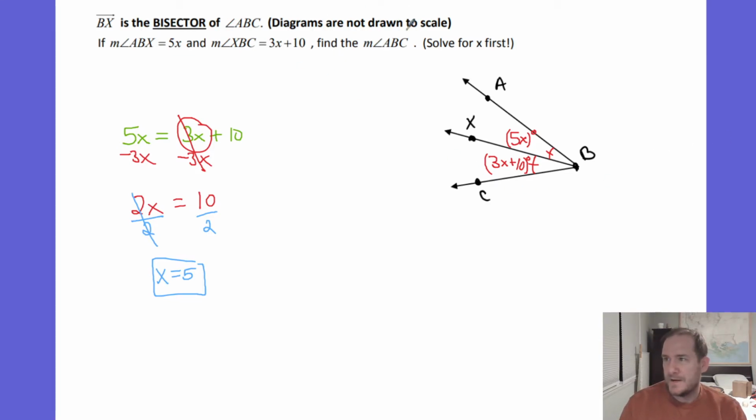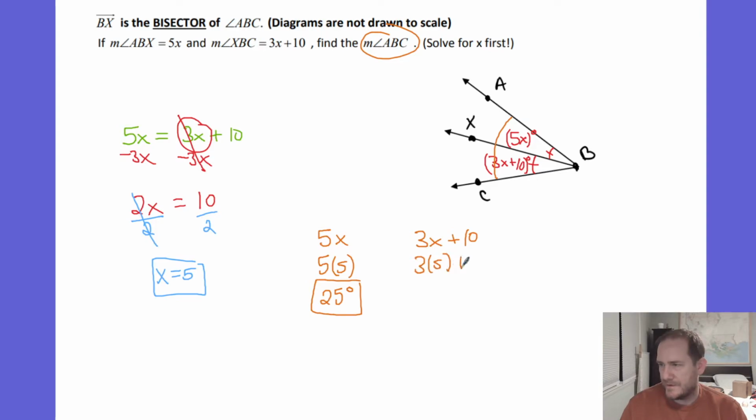Now, they do want you to also find the measure of ABC, ABC being the whole thing. So again, we're just plugging in. For the 5x part, it's going to be 5 times 5, which is 25 degrees. For the 3x plus 10 part, that'll be 3 times 5 plus 10, which is 15 plus 10, which is 25, which is good news.